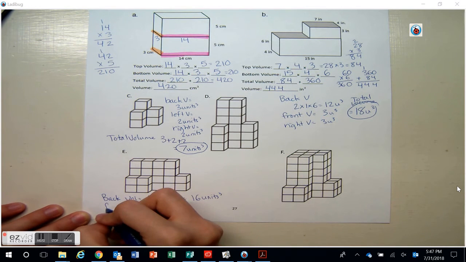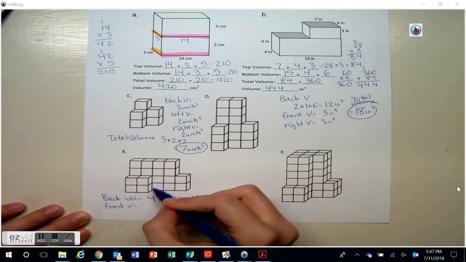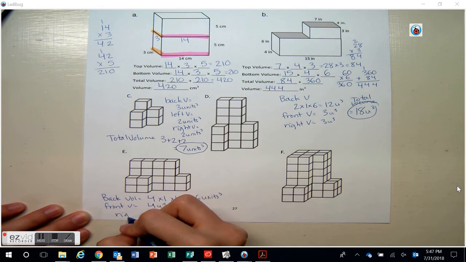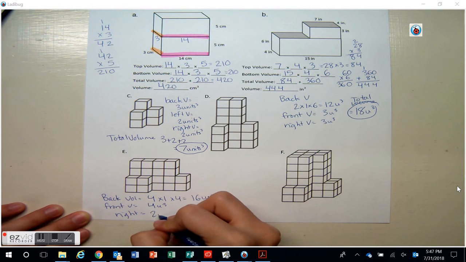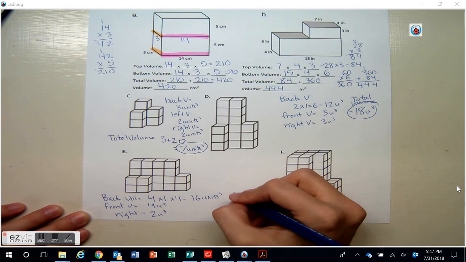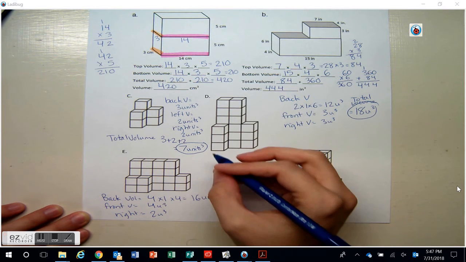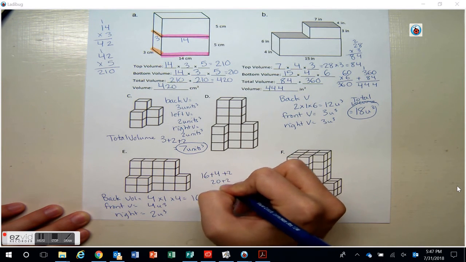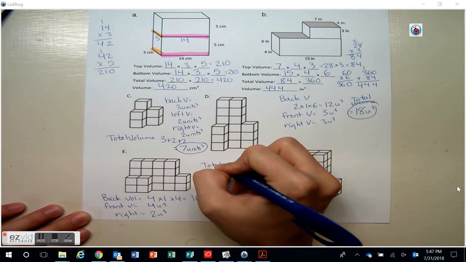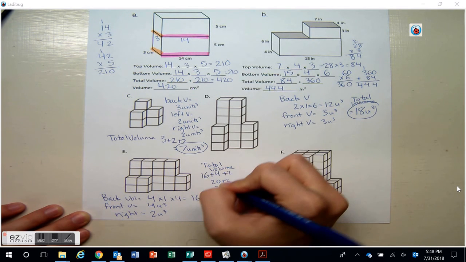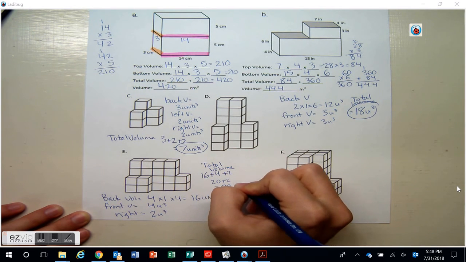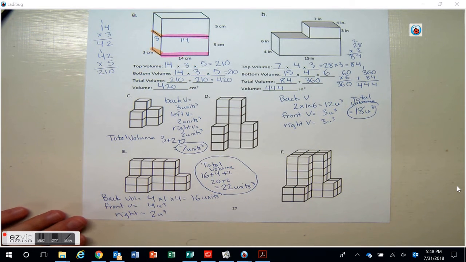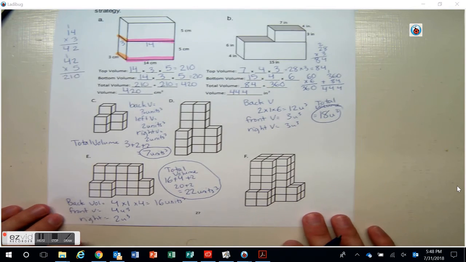The front is going to be 4 units cubed, and the right looks to be 2 units cubed. So 16 plus 4 plus 2, so I have 20 plus 2, which gives me a total volume of 22 units cubed for letter E, for shape E.